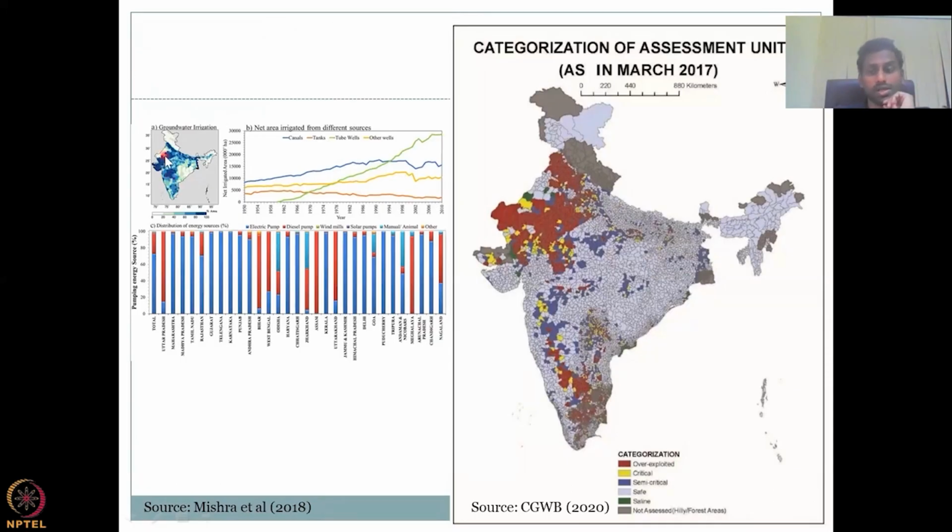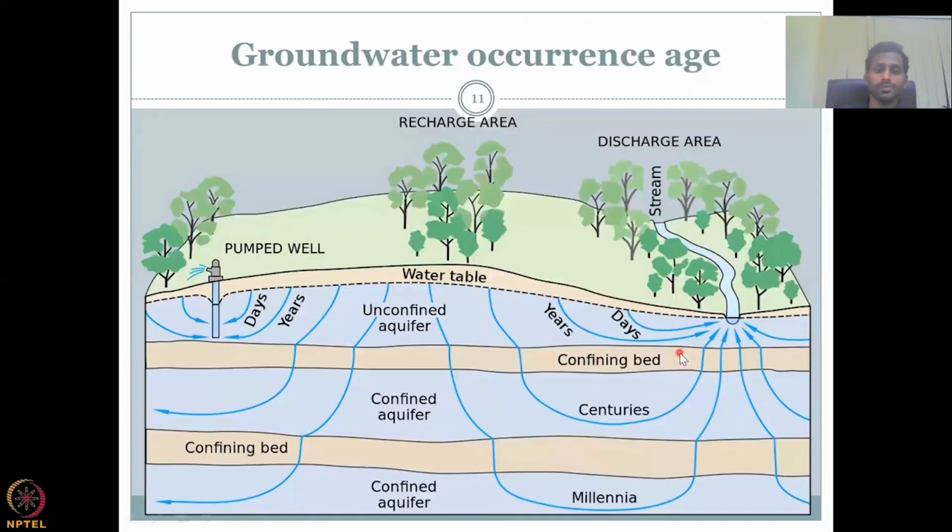This could be your agricultural census data, irrigation department data. What you could see is that wherever the blocks are 100%, it matches almost exactly with the overexploited blocks in India as per 2017, which is the latest CGWB yearbook.